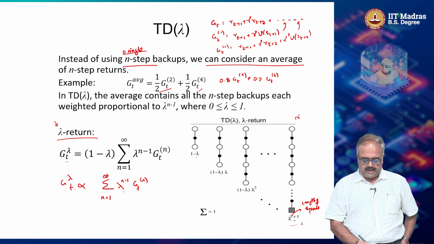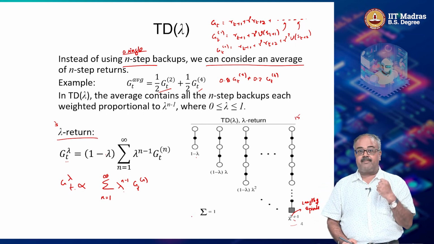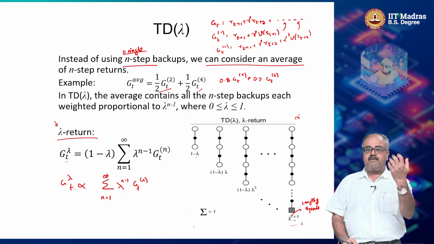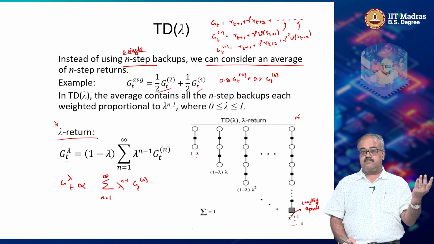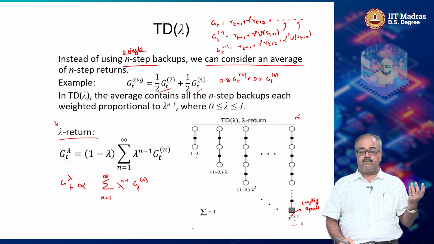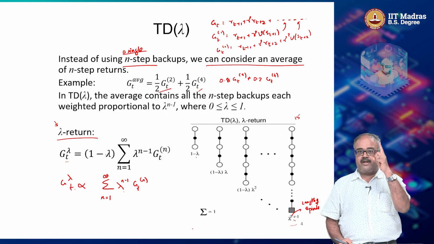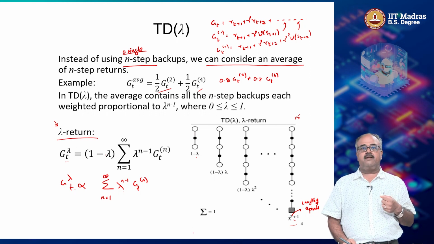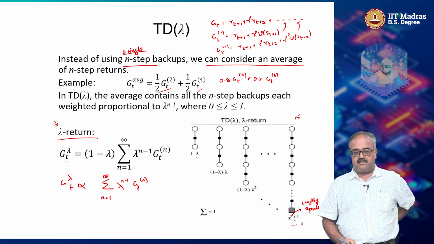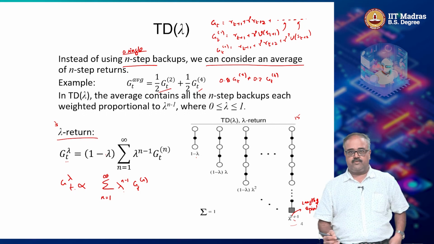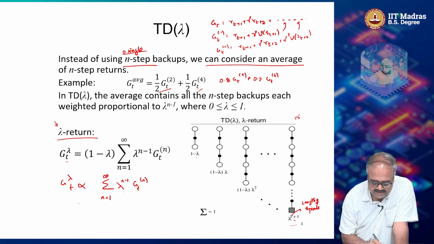So I'm choosing a hyperparameter lambda. I'm going to use lambda power n minus 1 as the weightage for the n-step return. So for n equal to 1, that will basically be 1. So I'm going to give a weight of 1 for the 1-step return, and a weightage of lambda for the 2-step return, lambda squared for the 3-step return, and so on and so forth. So that is how I initially started.